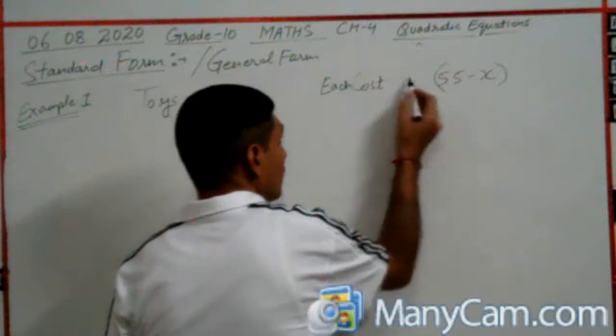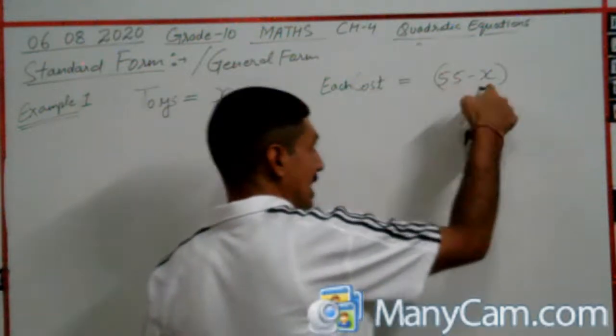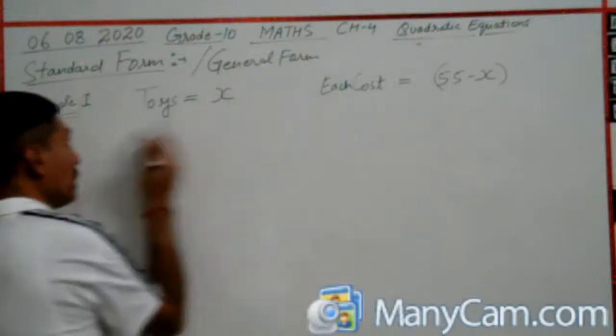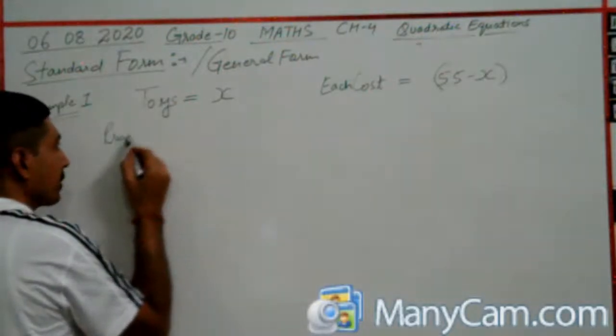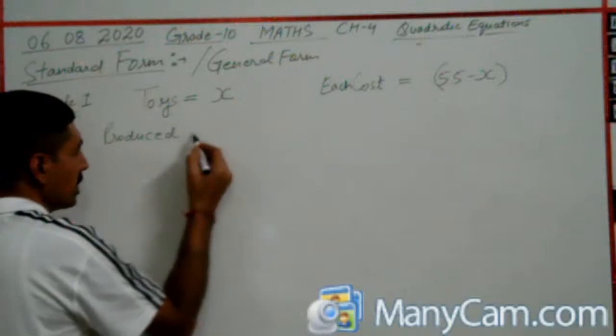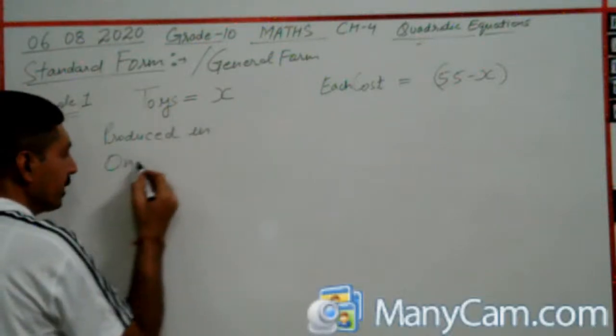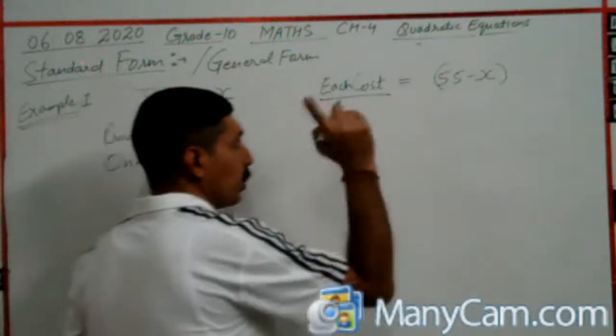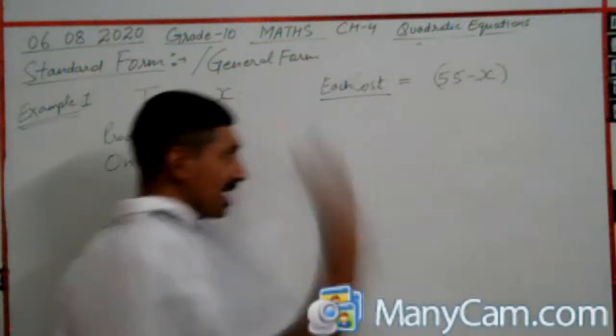Each cost is 55 minus x, where x is the number of toys produced in one day. Right? And each toy costs 55 minus x.